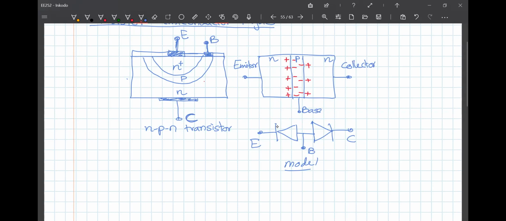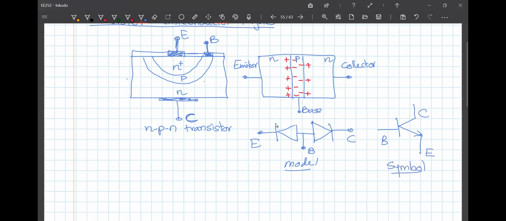Okay, so the symbol for the NPN transistor is something like this, right? This is the base, emitter, collector. So this is the symbol.